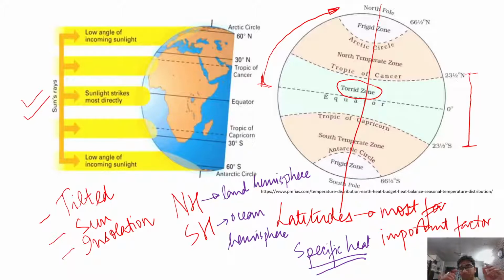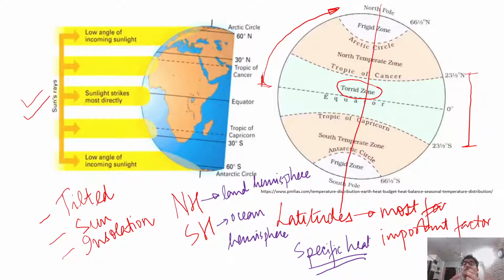Okay, so in this slide we have seen a few facts, that is, earth is tilted. The major energy source on the earth is sun, which comes in form of insolation. This insolation varies with latitude, and therefore according to the different latitudes the distribution of temperature is different.